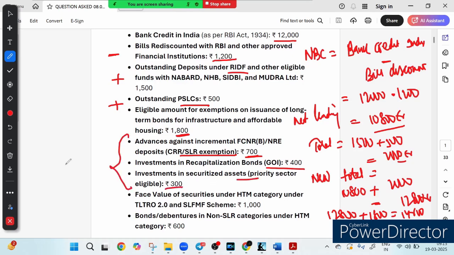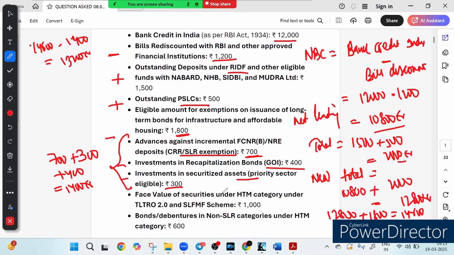If you add all of them, 700 plus 300 plus 400, it will give you 1400. So this you have to deduct. The new total will be 14,600 minus 1400, which gives us 13,200 crore.